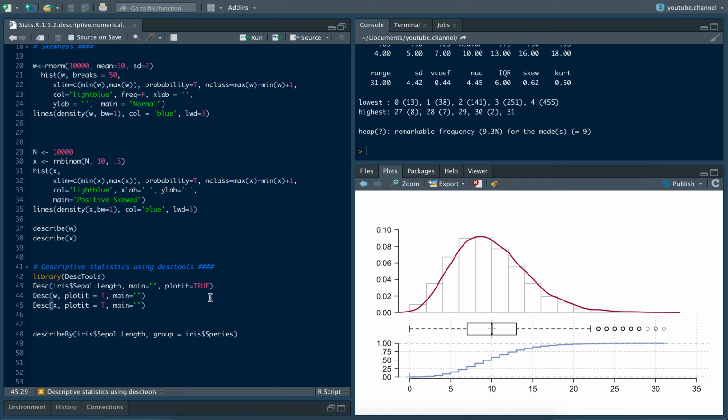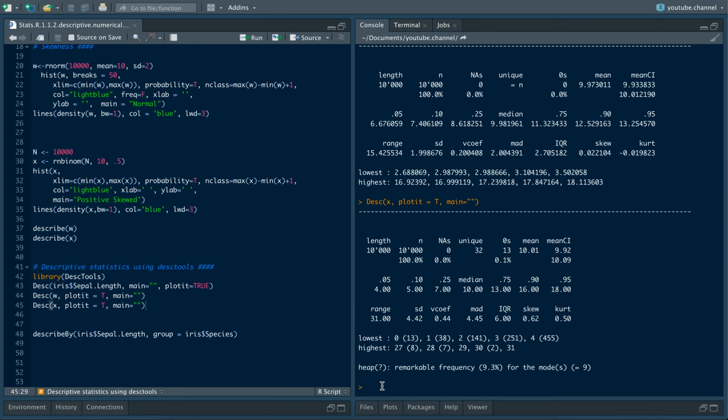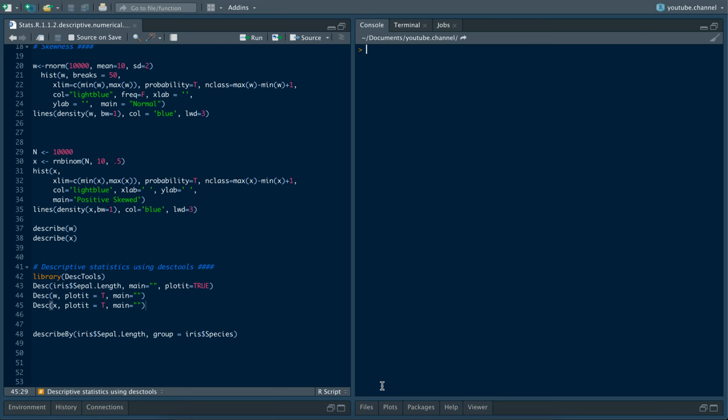Another important concept to consider is that at times you want to have the information of a specific group inside your data set, and you want to see how the same variable is distributed across the different types of your grouping variable. So in Iris, I use the species as a grouping variable, and my variable of interest is still Iris sepal length.